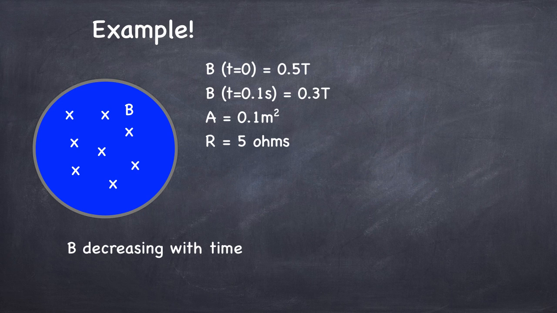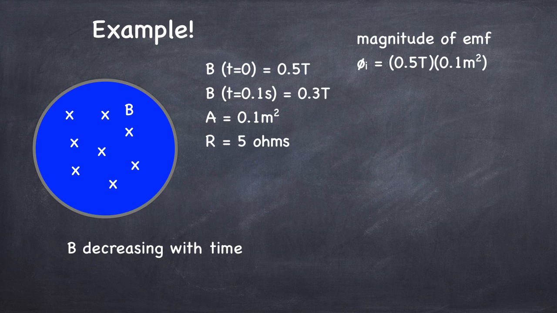Let's calculate the magnitude of the EMF. I don't want to worry about the sign right now because we'll use Lenz's rule to get that. Let's say the initial flux is half a Tesla times a tenth of a square meter. That's 0.05 Tesla meter squared. The final flux is 0.3 Tesla times a tenth of a square meter. That's 0.03 Tesla meter squared. And the change in time is a tenth of a second.